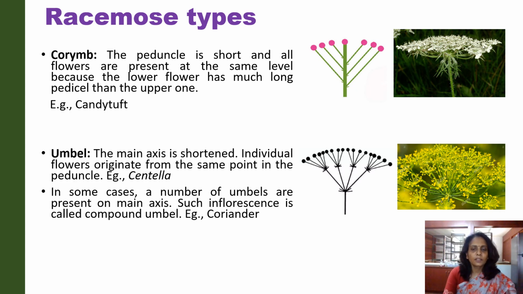Umbel is another kind of racemose inflorescence where the main axis is shortened. The individual flowers originate from the same common point from the peduncle. Example, Centella. It appears umbrella-like. In case of a compound umbel, as we see in coriander, a number of umbels are present on the main axis.